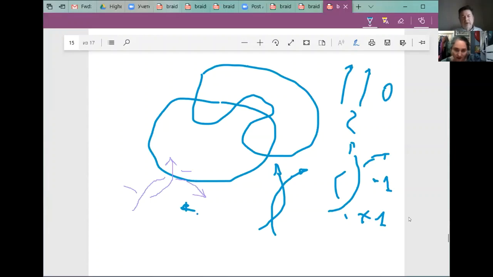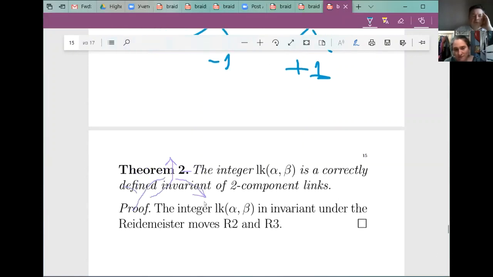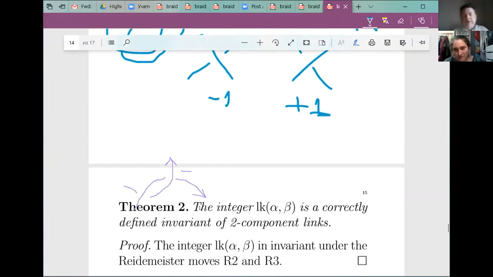Here we have 0. So you mean that Reidemeister 2 does not change the linking number. And the same way, but if you need to be more careful with the third Reidemeister, you see that it always worked. But the question is, why should we not consider the first Reidemeister?